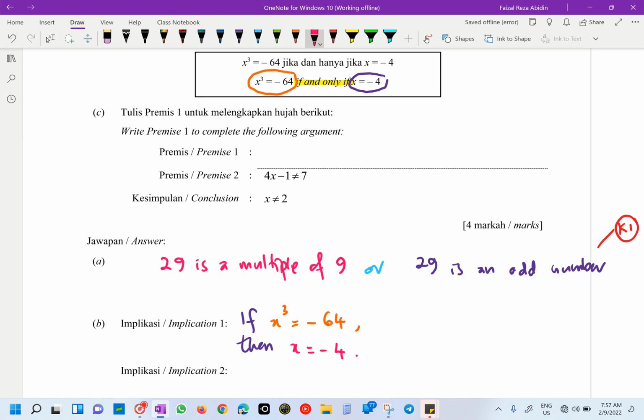Yes. Did you know that you must have what? Three dots.